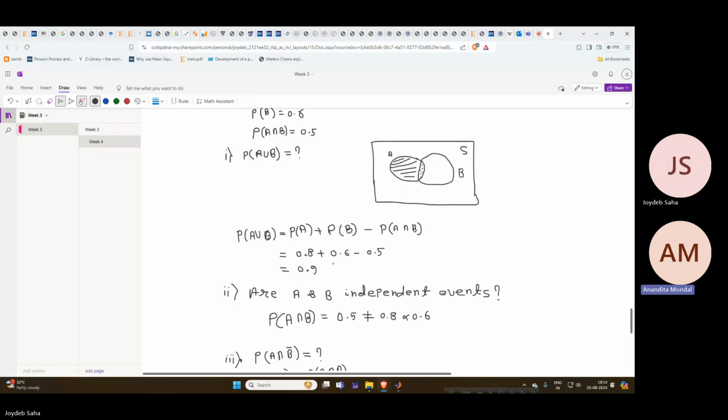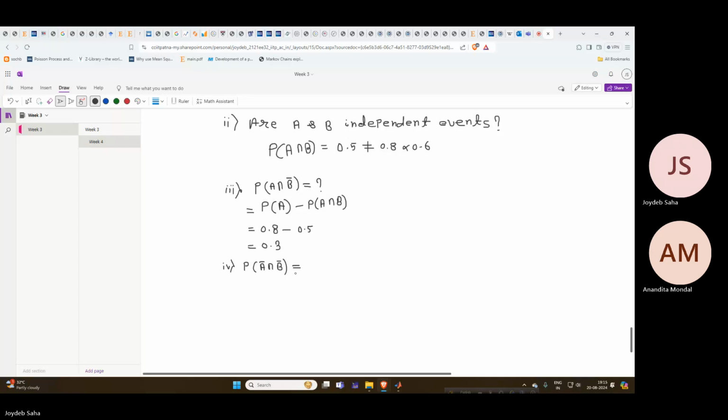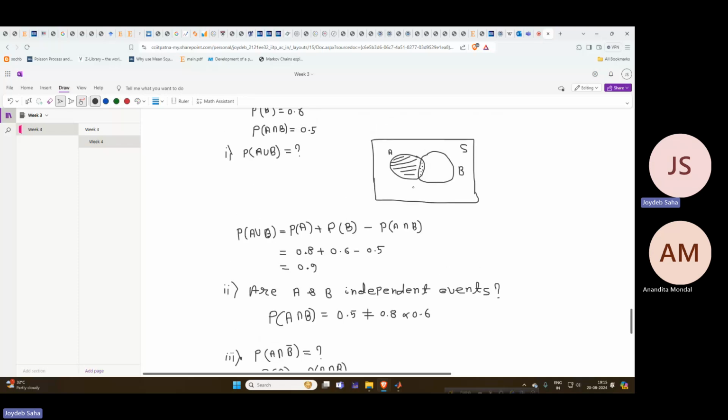Sir, now the answer is 0.5. 0.5, I don't know, I have to check, right? Let us check. If A complement intersection B complement, let us draw it again.